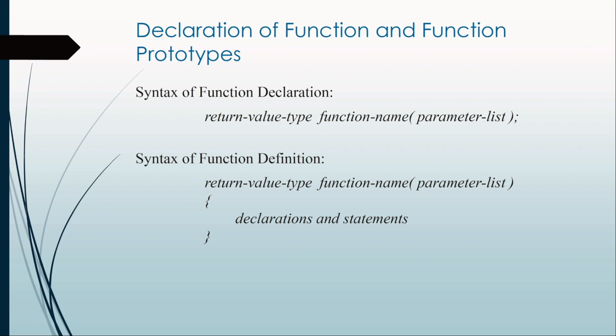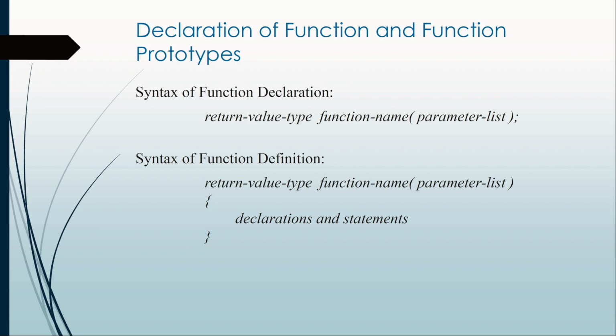Whenever we declare a function, it is just to inform the compiler that I'm going to use this function in my program and define it later. That is called declaration. Then there is the function definition, which has the body of the function: what statements should be executed when the function is called, how it is developed, and what task it performs.